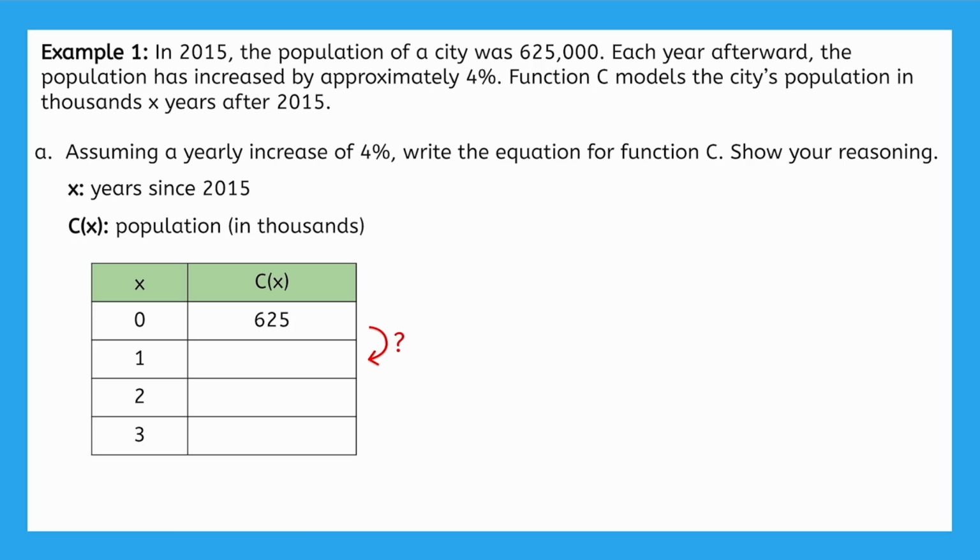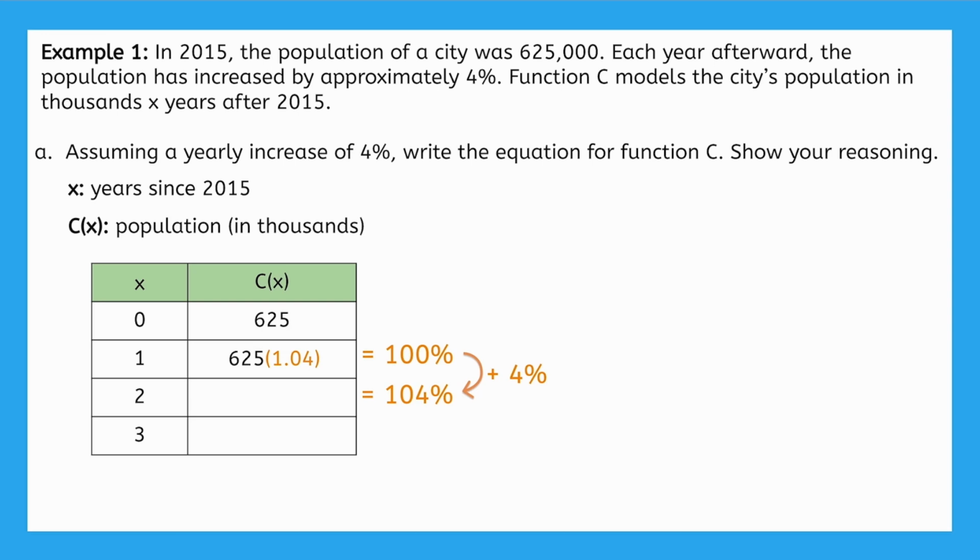Here, the initial population of 625 represents our 100%, and if we're adding 4% to it, the population after 1 year would be 104% of 625, which we can find by multiplying 625 by 1.04, which is in fact equal to 650. In year 2, the population from year 1 becomes our new 100%, making the year 2 population equal to 104% of the population at year 1.